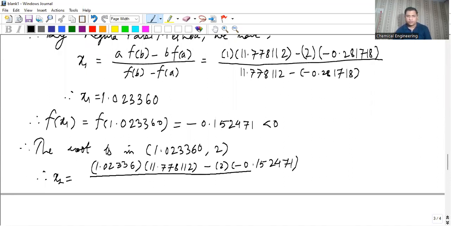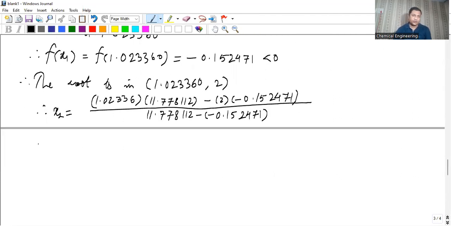Okay, and this term divided by 11.778112 minus of minus 0.152471. Okay, that's what we can have. So we get the value of x2 here, and hence we have to think of what is f at x2. So what is the value of x2 we are getting? 1.035841.